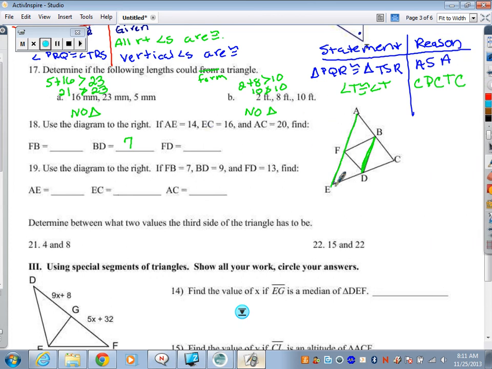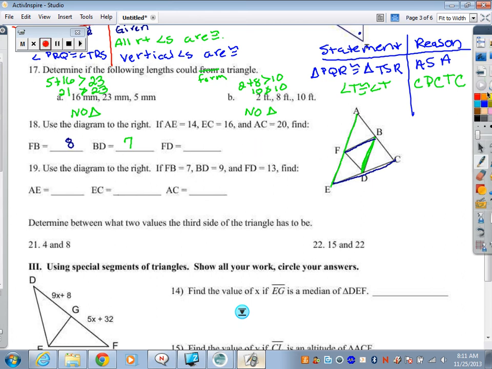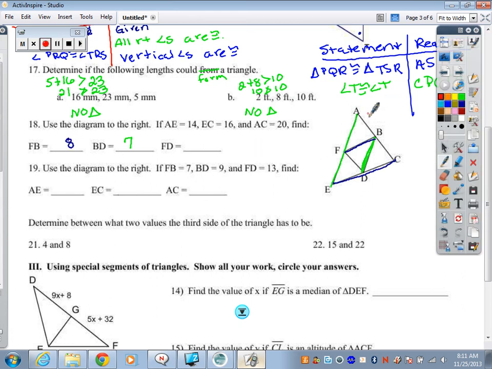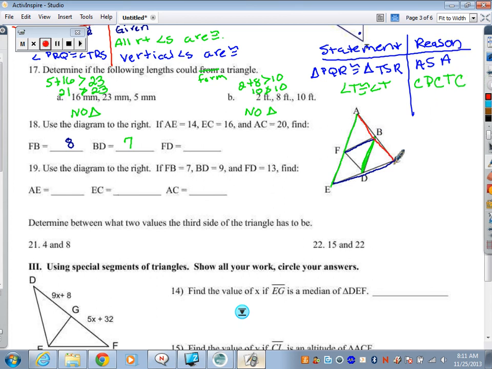EC is 16, so therefore FB is 8. And AC is 20, therefore FD is 10.